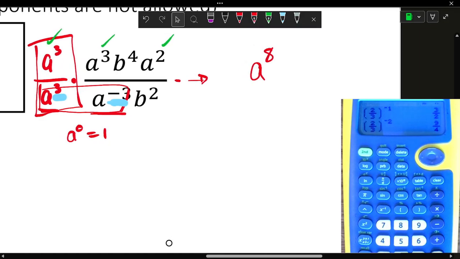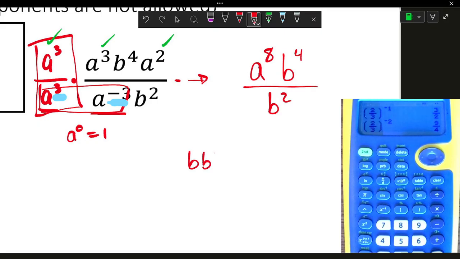And in the numerator I've got 4 factors of b. I also have 2 factors of b in the denominator. I need to clean that up, right? So if I've got 4 factors of b in the numerator and 2 factors of b in the denominator, that's just 2 factors of b in the numerator. We're thinking, hey, b b over b b.